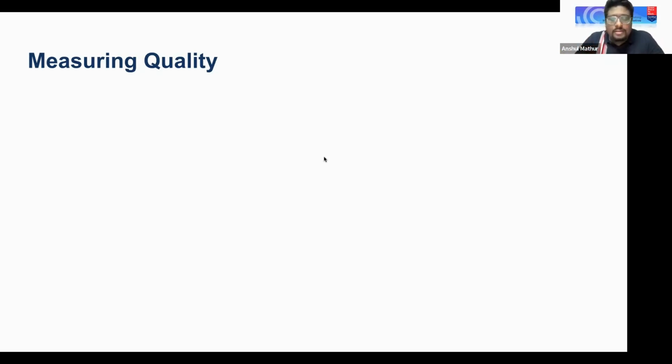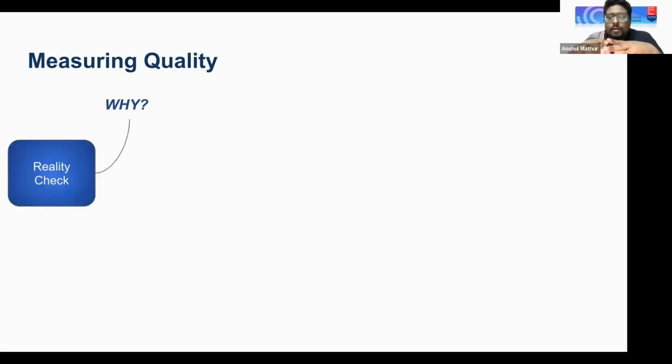So let's look at the major reasons why we are looking to measure the quality activities or the quality of our microservices. One is a reality check. It basically means that when you assign some numbers to the efforts or the outcomes, it makes it tangible and tells you how good or bad you are performing on the ground.